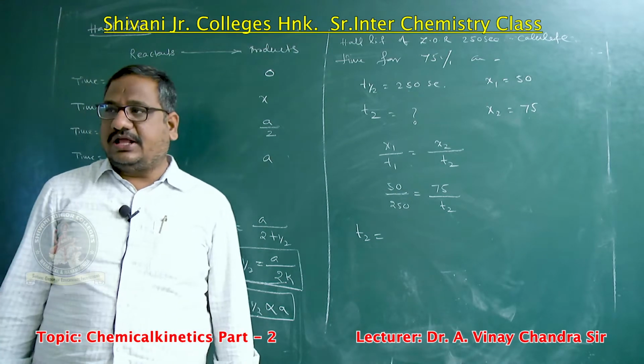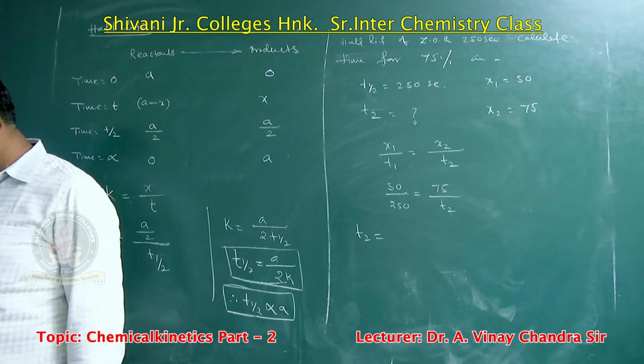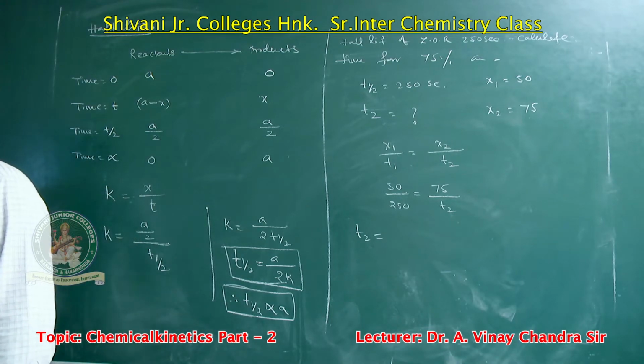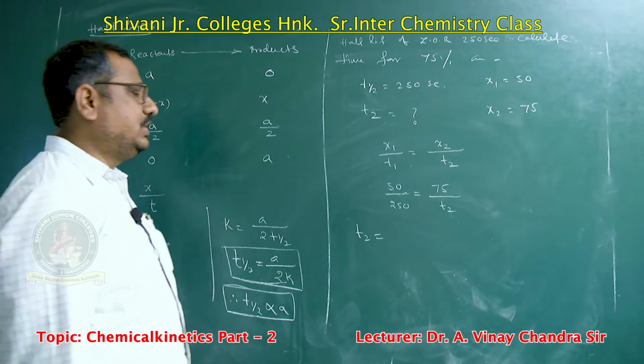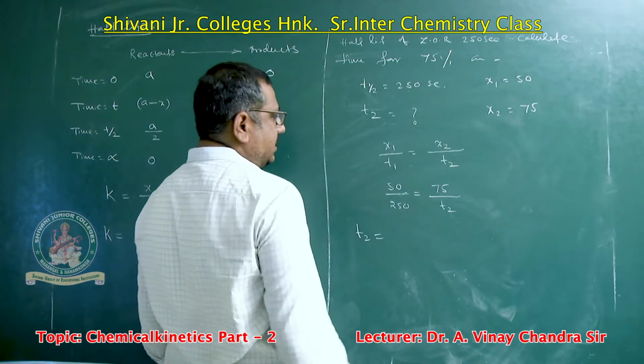According to cross multiplication, T2 is equal to X2 into T1 by X1.